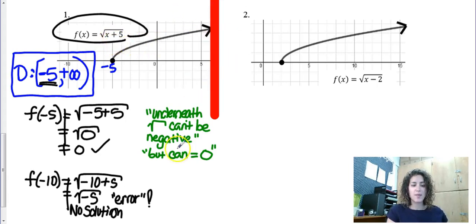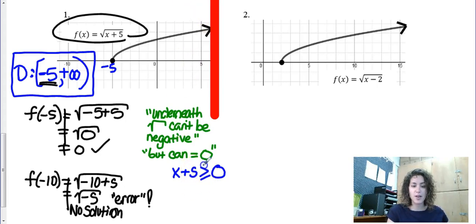The mathematical statement we are going to say is that x plus 5 can be greater than or equal to 0. So with this or equal to, I am incorporating that it can equal 0. And the fact that I'm saying greater than 0, well, greater than 0 means not negative, positive. So let's see what happens when we solve this.